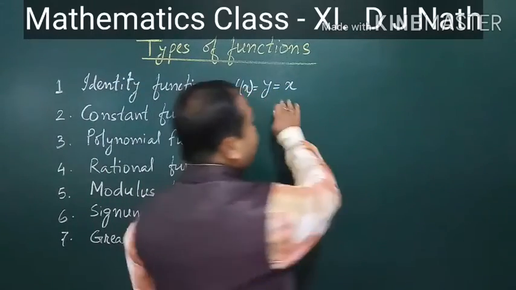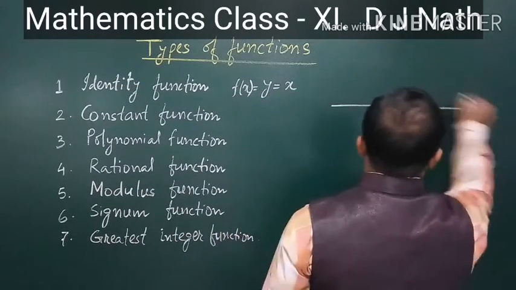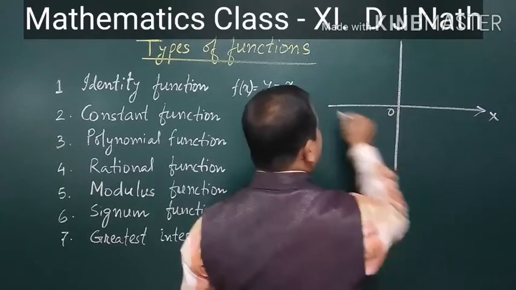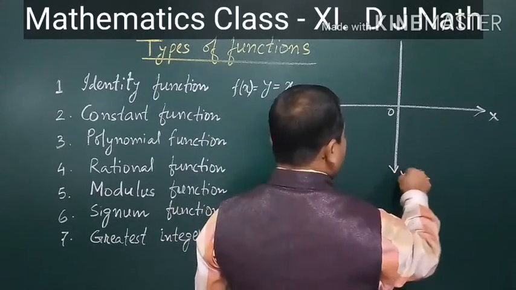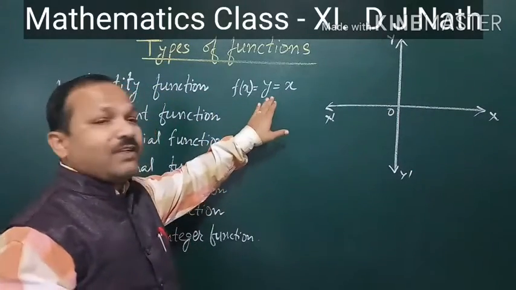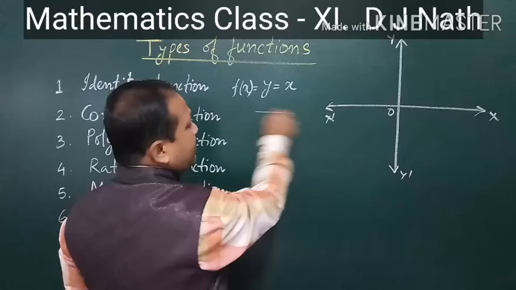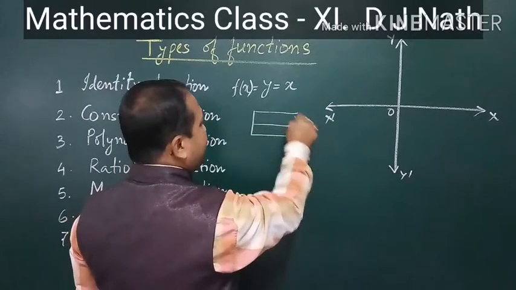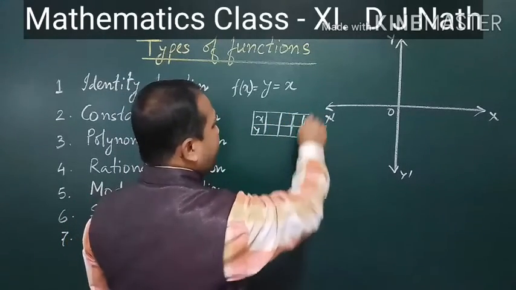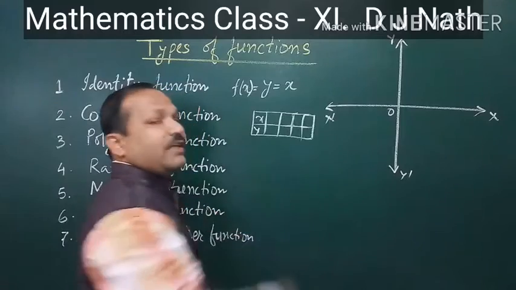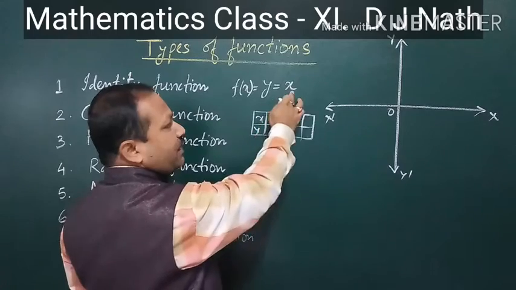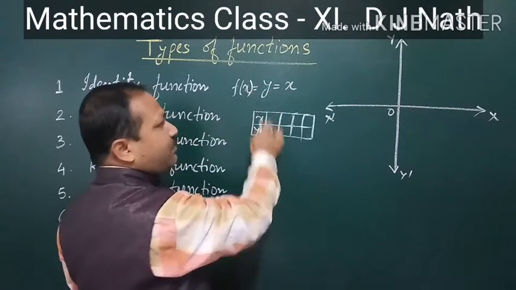So what is the graph of this function? The graph is made the way we made graphs in class 10. We take points with an x coordinate and a y coordinate, plot them on the graph, and get the graph of this function. If we take any x, the y value is also the same, so y or f of x is the same.